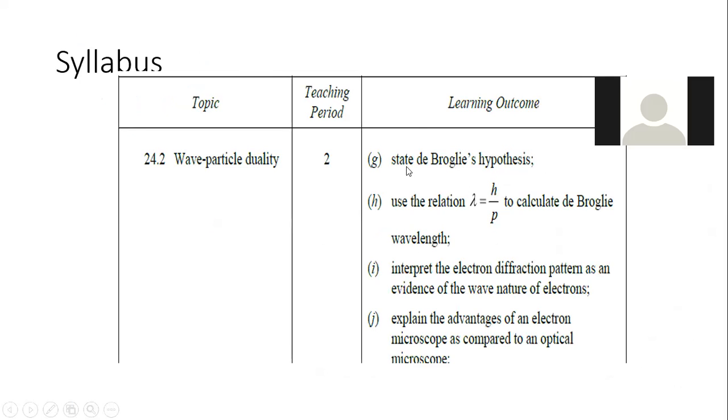We want to state de Broglie's hypothesis, use the relation lambda equals h over p, calculate the de Broglie wavelength, interpret the electron diffraction pattern as evidence for the wave nature of electron, and explain the advantage of an electron microscope as compared to an optical microscope.